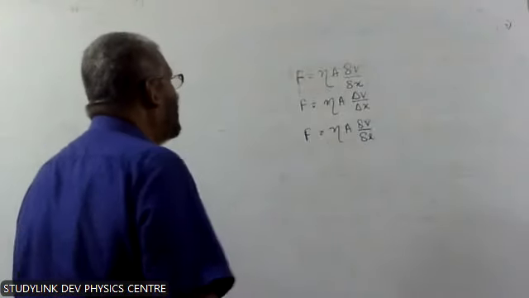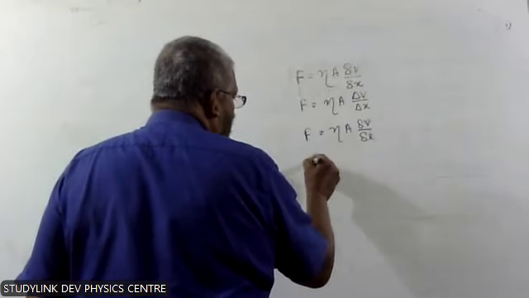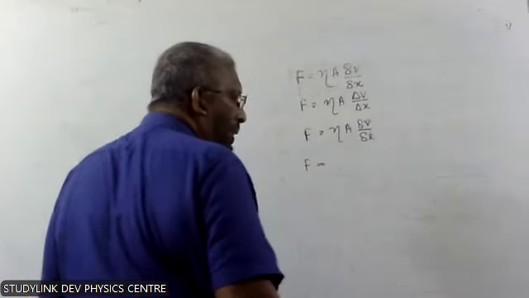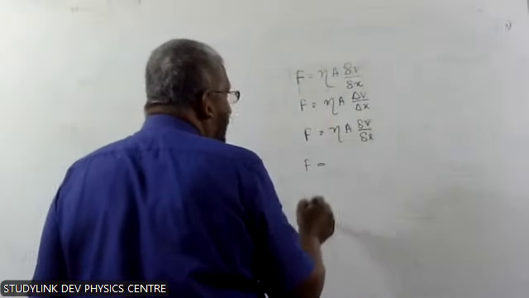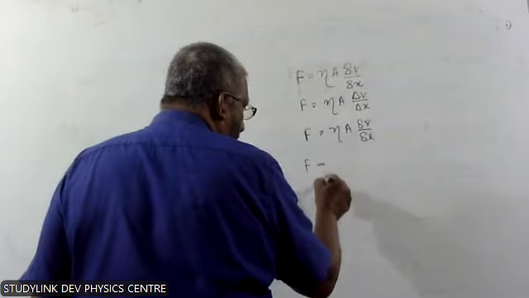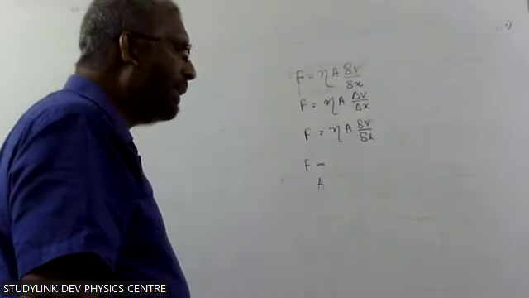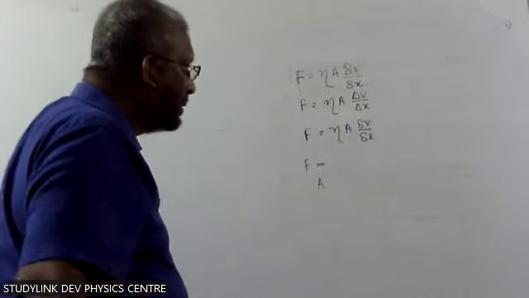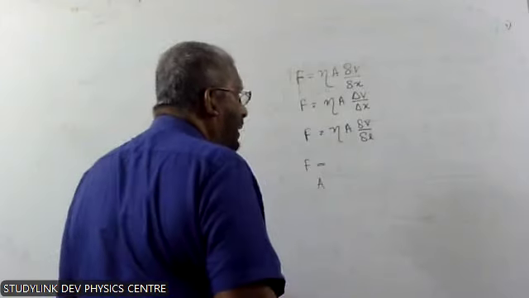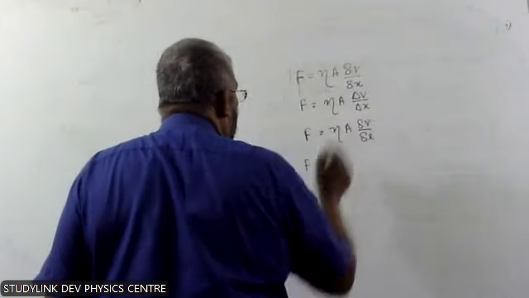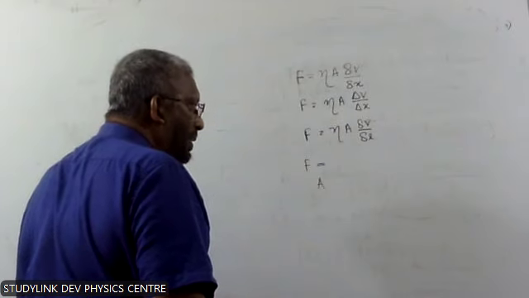Whatever it is, if they ask for the descriptions, F is the viscous force against the layer. Eta is the coefficient of viscosity. A is the area or overlapping area between the two layers. Even if you write common area, that is accepted. Delta V, velocity difference.